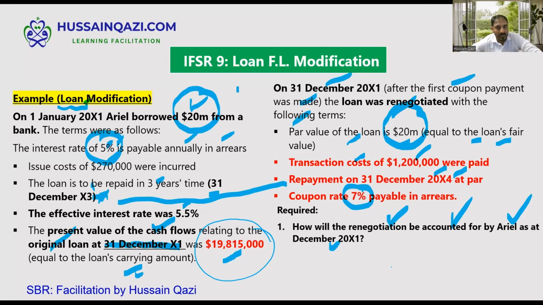One by one. We are standing at 31st December X1. If we want to assess the substantial test, we need to cover the cash flows including the transaction cost, even if that cost has already been paid.